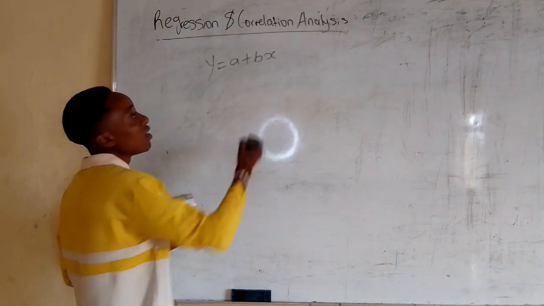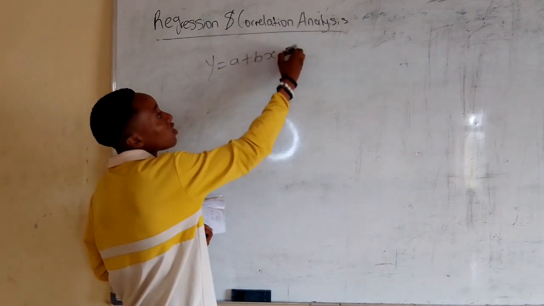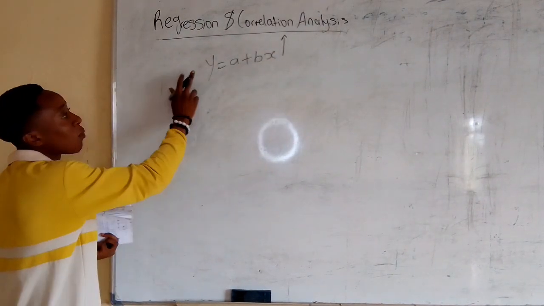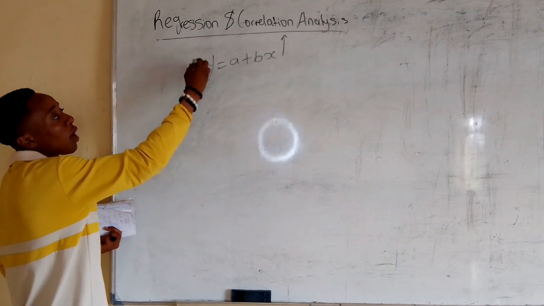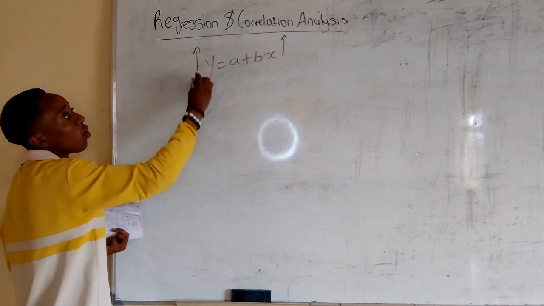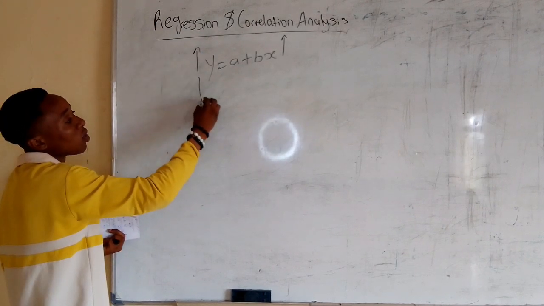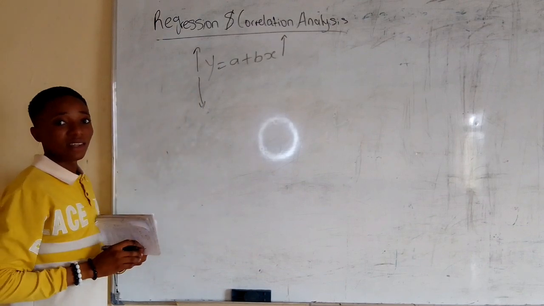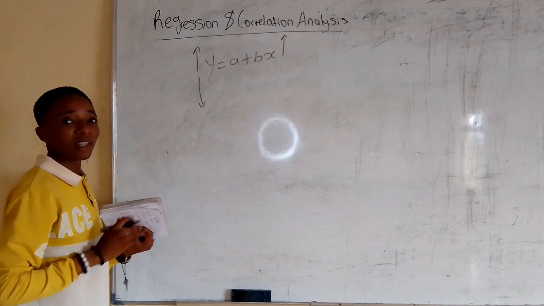That is to say, if x is moving upward, what happens to y? Would y also go upward, or go downward, or remain the way it is? That is what correlation tries to find out.